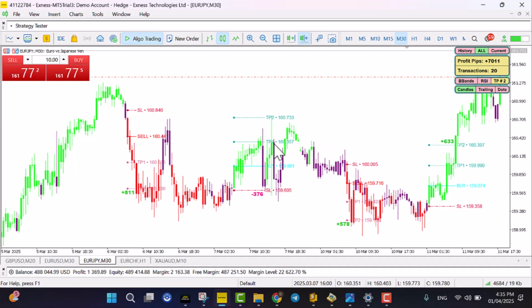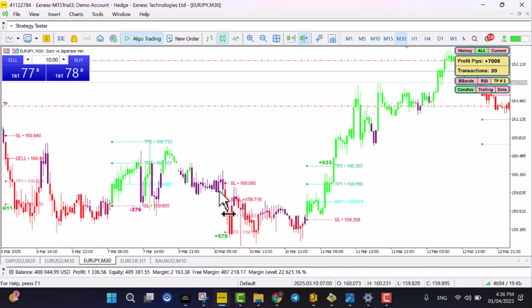It reached TP1, and if you are using only TP1, then that is going to be a profitable trade. But since I'm using TP2 here, I was almost next to TP2, and the price reversed and hit the stop loss here.